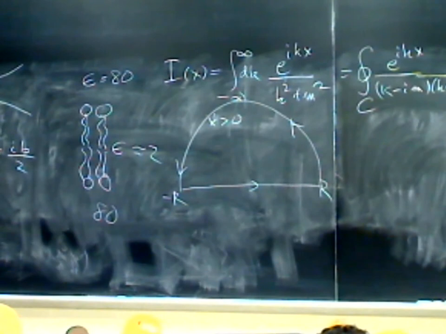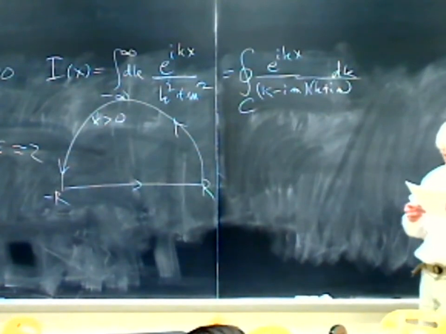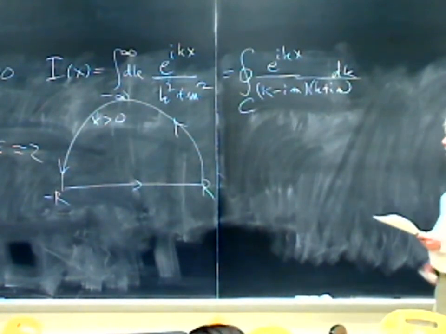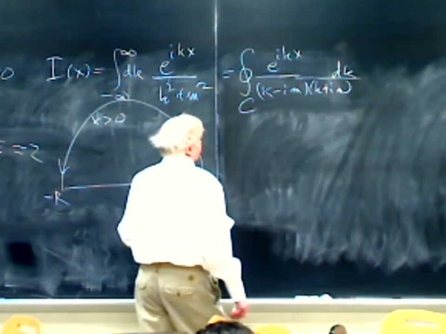Now we just use the residue theorem. When I did the residue theorem in the notes, I actually did the one integral. But here we see this is actually simpler, isn't it?